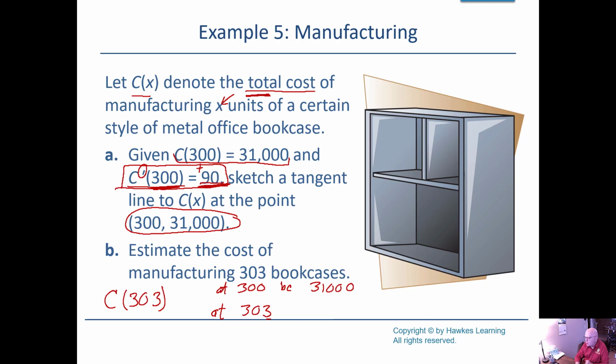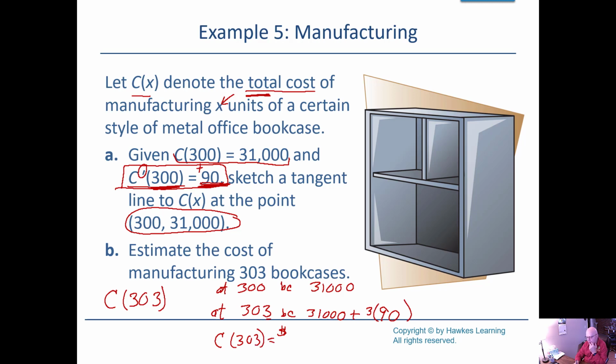Each extra one is going to cost $90. So for those bookcases, we've already figured we're going to spend $31,000, and for each additional one it's going to be $90, but we're doing 3 more of those. So the total cost, we're making 303 bookcases.